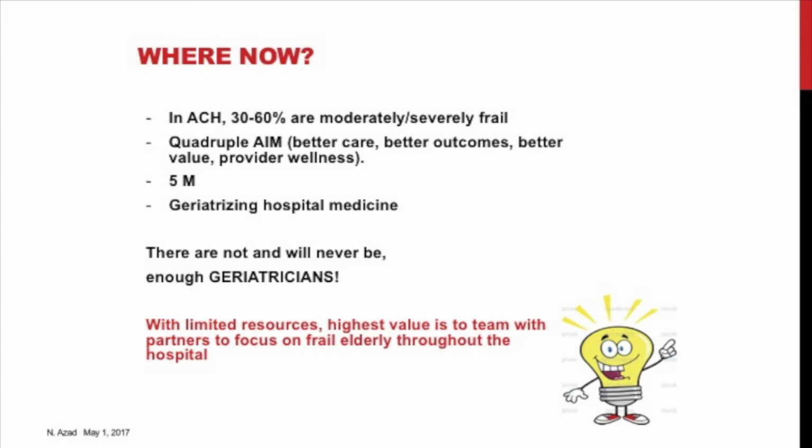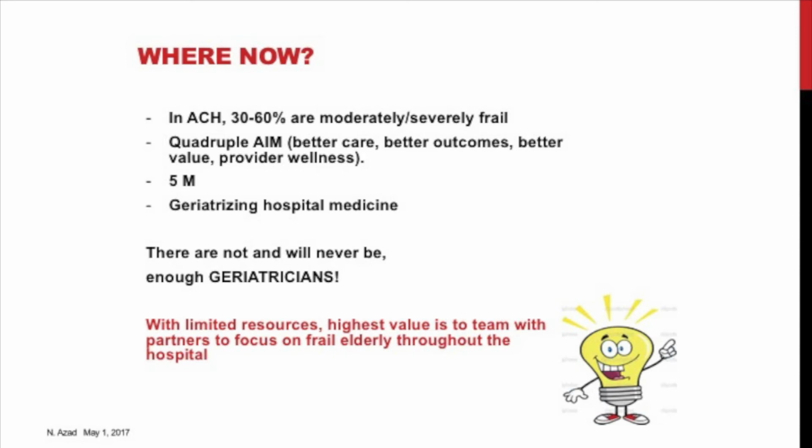But this is the population. So frailty is a good start for focusing your programs on helping these people stay out of the hospital, or if they are in the hospital, to be there for the least amount of time, and developing outpatient programs to keep them out.